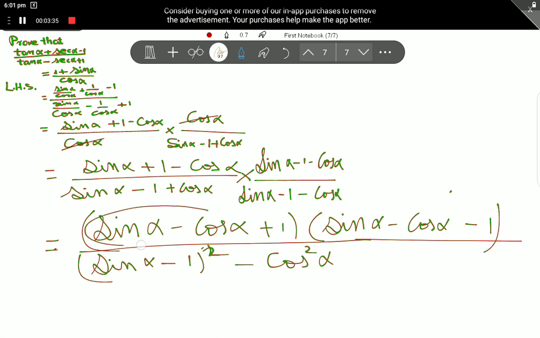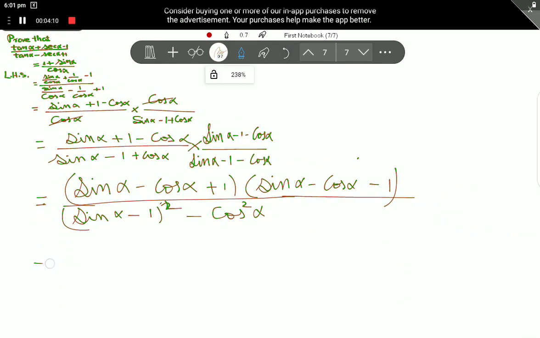If we regard sin alpha minus cos alpha as A and 1 as B, then we have A plus B, and again A minus B. So we apply the identity A plus B into A minus B equal to A squared minus B squared.